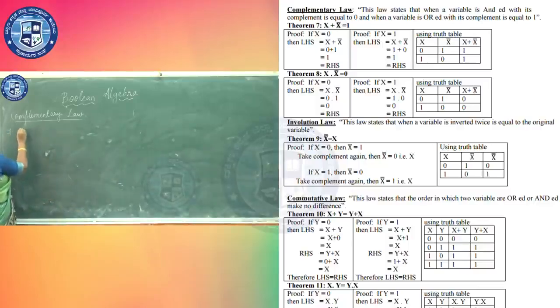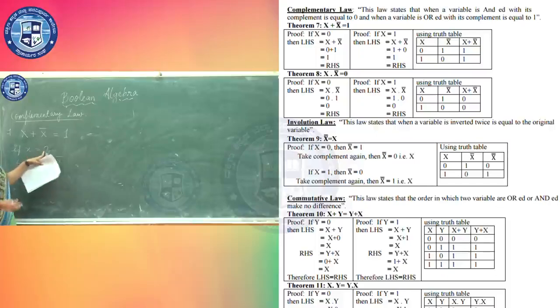Theorem 7 says that x plus x dash, when you OR it, the value will be 1. So if x is equal to 0, LHS is x plus x dash, value of x is 0 plus value of x dash.